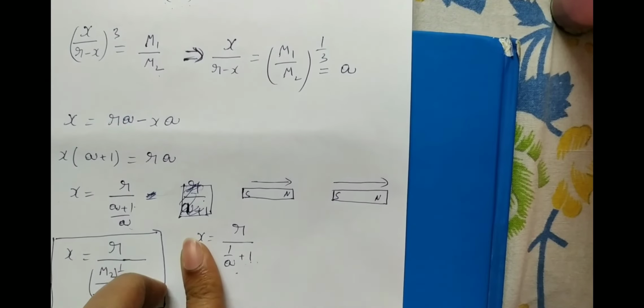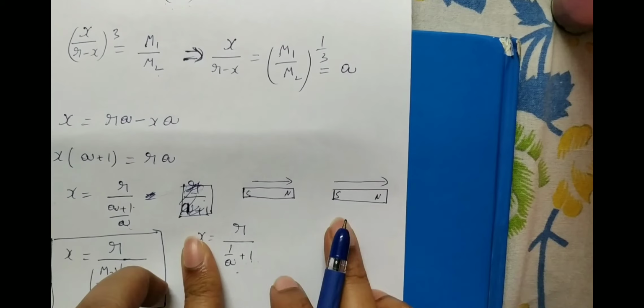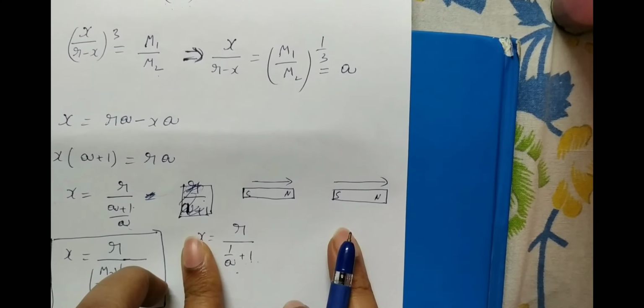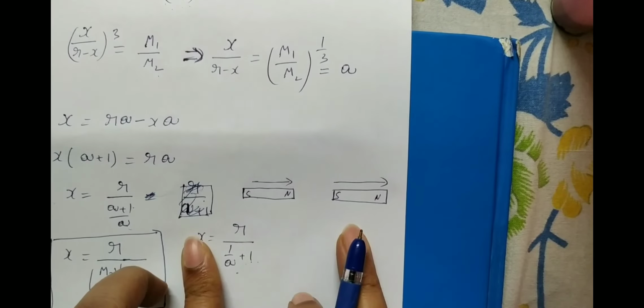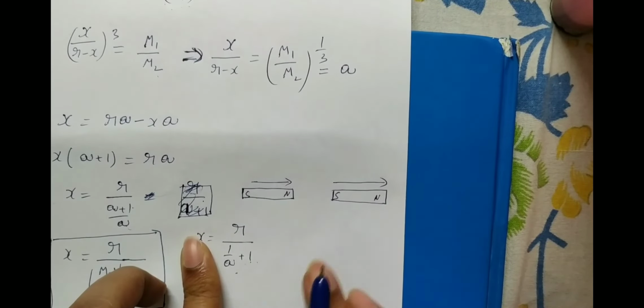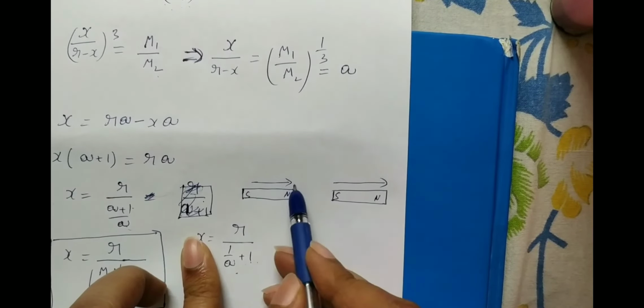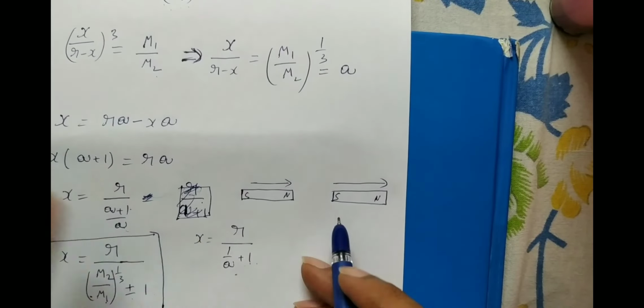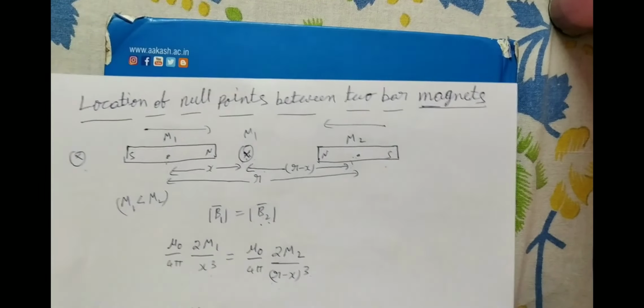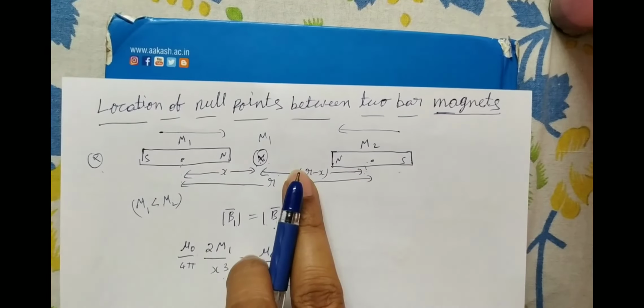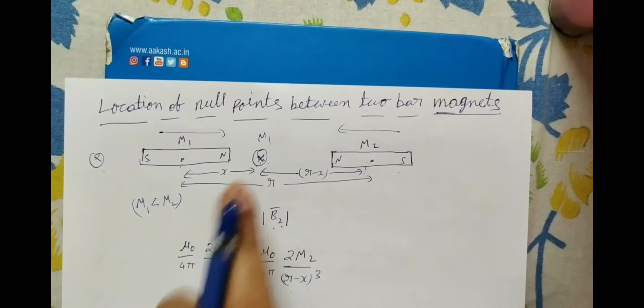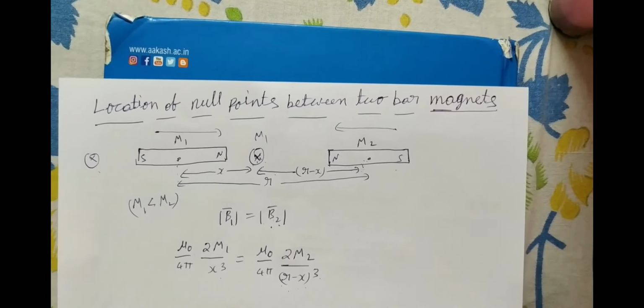In this case there is no null point, because both magnets create field in the same direction, and the resultant field does not become zero. So magnetic moments in the same direction: no null point. Magnetic moments in opposite directions: null points exist. In this case two null points are there, one between and the other outside.